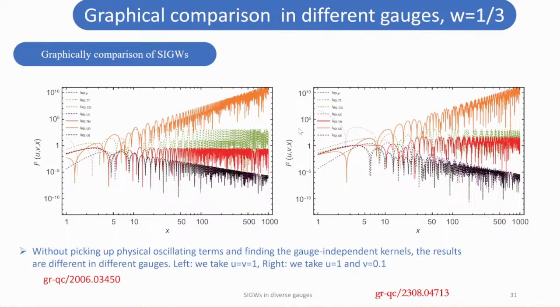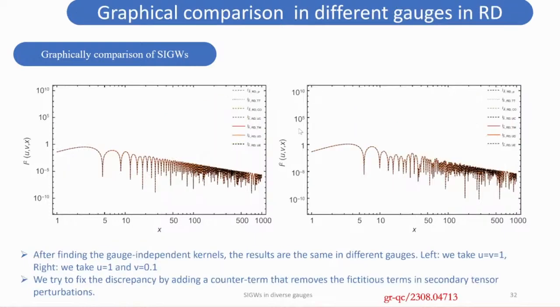So this was the main issue that we had to sort out, so we used that counter term. Now you see, using that counter term, we found all the results of energy density are the same in different gauges. You see, that was the main issue that we had to solve.